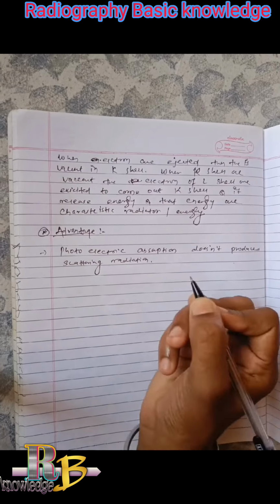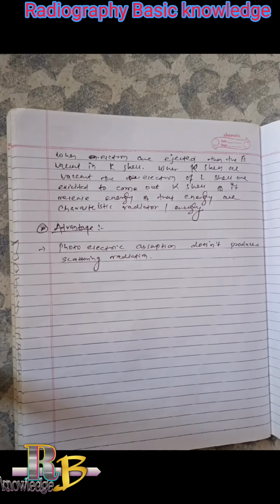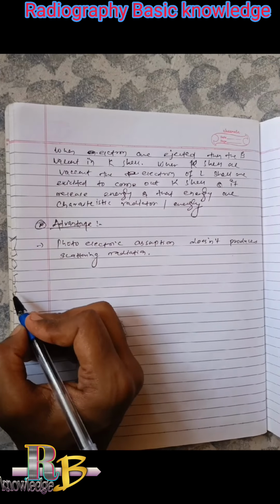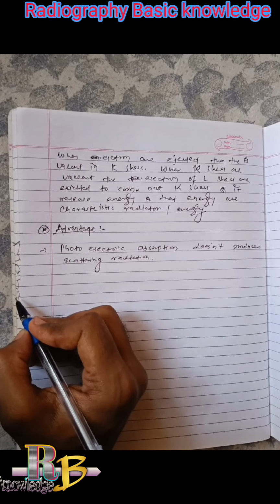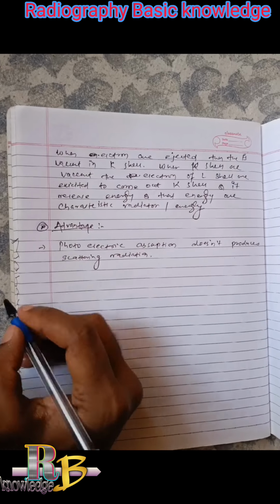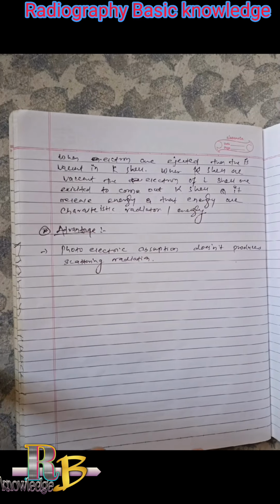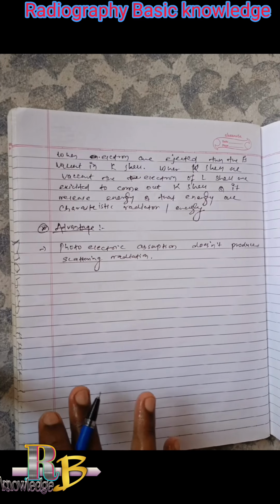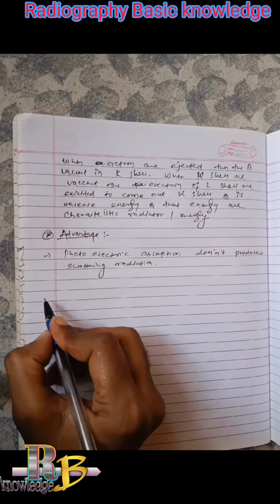It means it cannot produce any type of scattered radiation. The only disadvantage is that when incident photons come, all their energy is absorbed by the patient, which increases the patient dose.